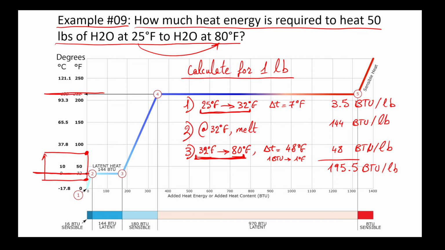So that's the calculation for 1 pound. If we want the value for 50 pounds, we multiply that result by 50, and that gives us 9,775 BTUs. That's the answer to this example.